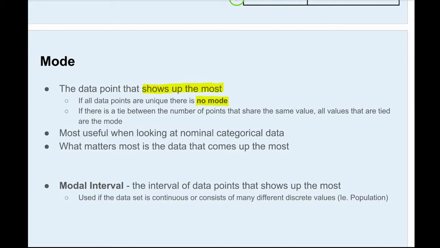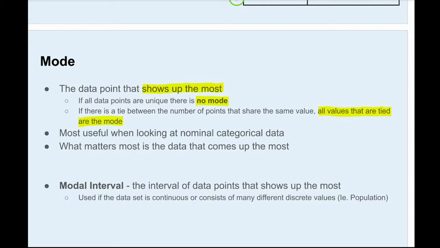If there is no mode, we specifically have to state no mode. If there is a tie between the number of points that share the same value, all values that are tied or that have that highest amount are considered the mode. So you can have multiple values or multiple points that are considered the mode.